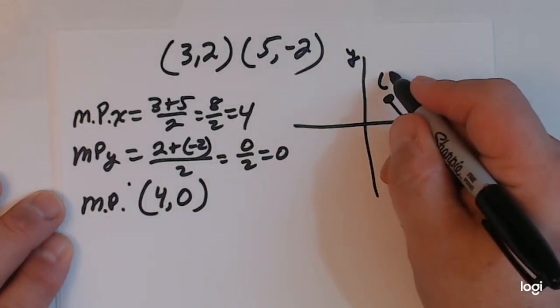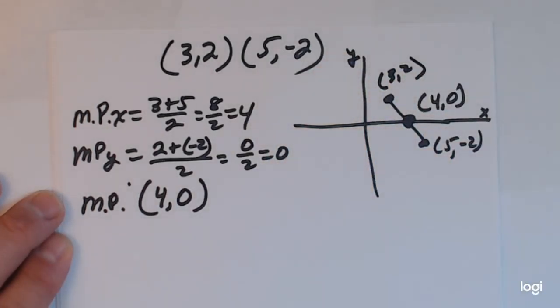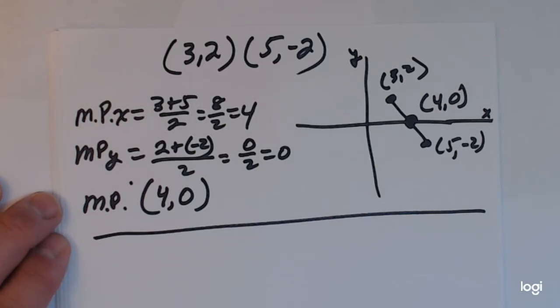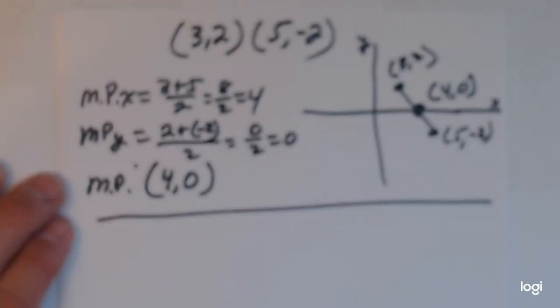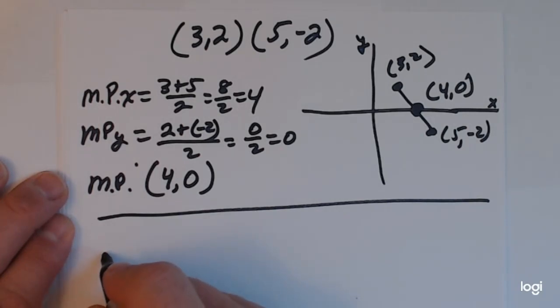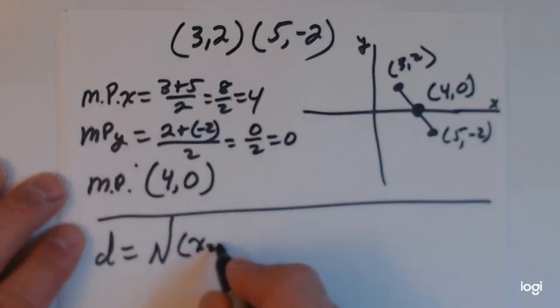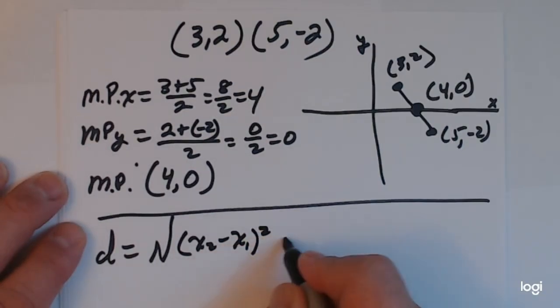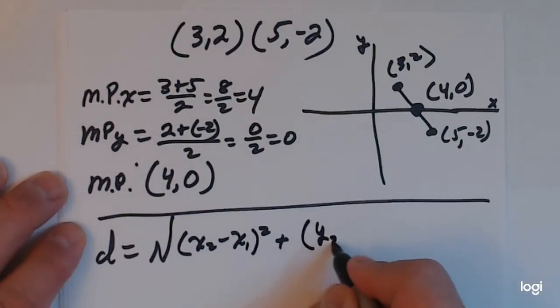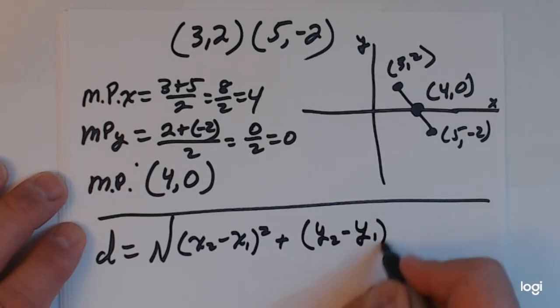And this is 3, 2. Okay, so 4, 0 is the midpoint. Interesting. All right, let's calculate the distance. So the distance is the square root of x sub 2 minus x sub 1 squared plus y sub 2 minus y sub 1 squared.